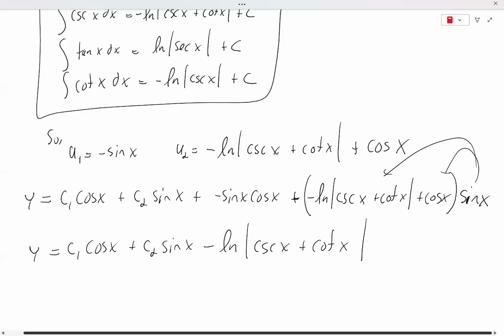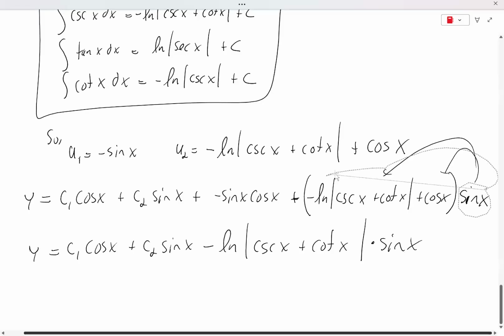So this would be the general solution for it. Oh, times sine x. My bad, because I had to distribute that sine x here. So that would still be on that one then. Okay, so quite the mess there, but that's the general solution to the original second order differential equation.